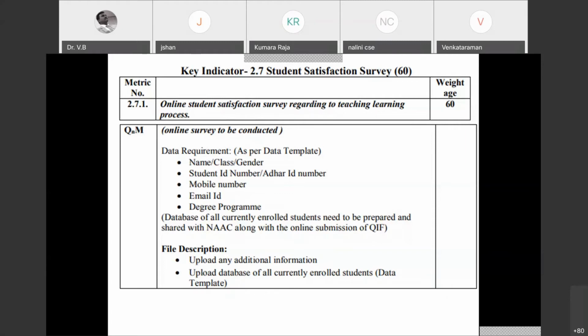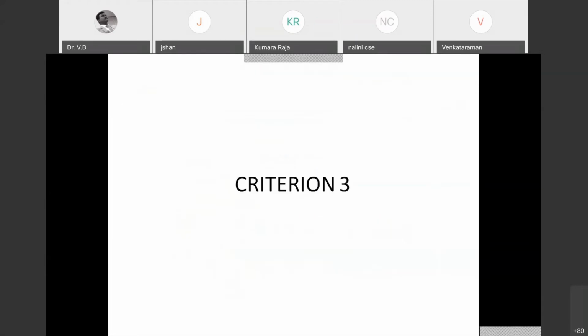So you have to give the data of all the students currently in your campus in that academic year, so that NAAC will be sending emails to them and taking the surveys from them. So once again, this is a quantitative metrics for which you will be uploading the database of all the currently enrolled students. Since it is a quantitative metrics, it will be as per the data template.